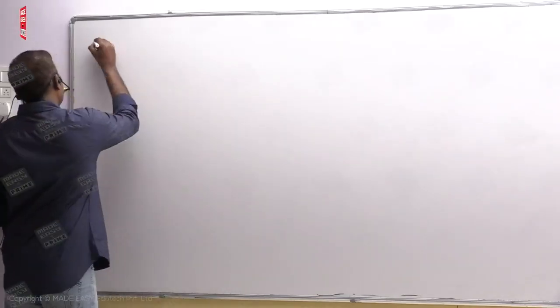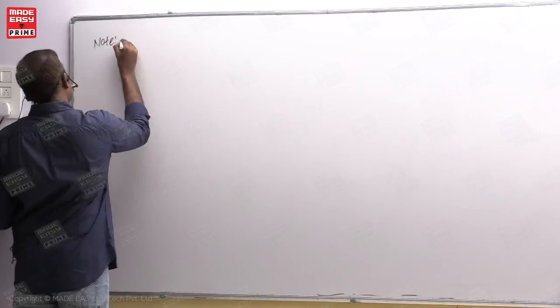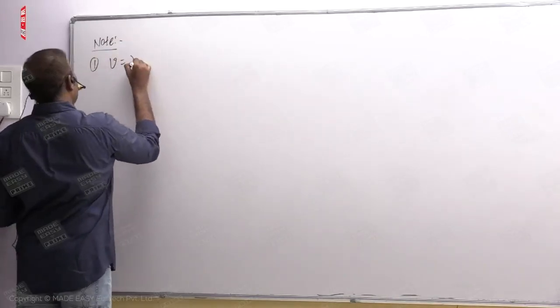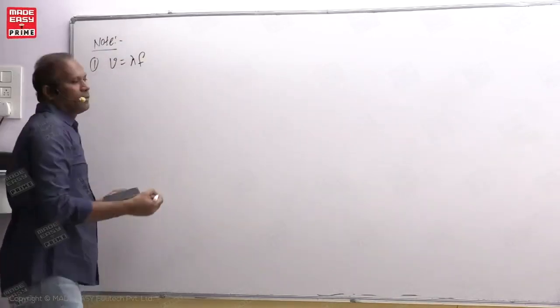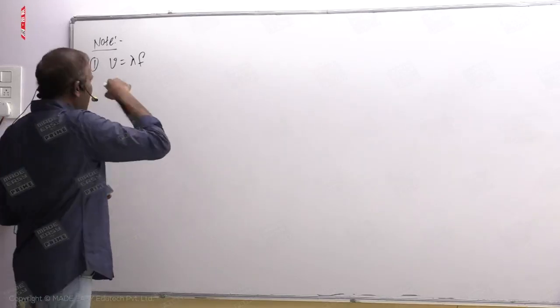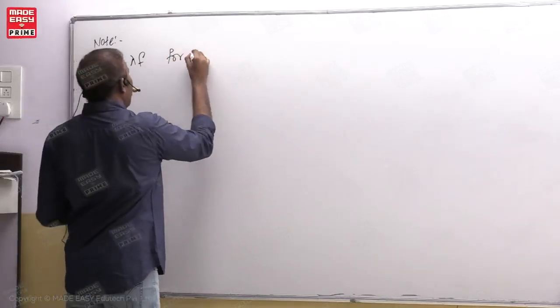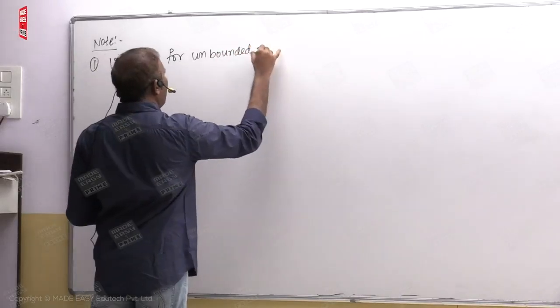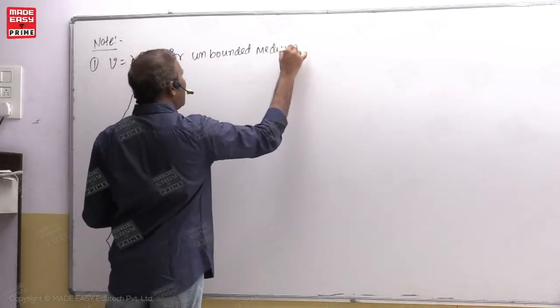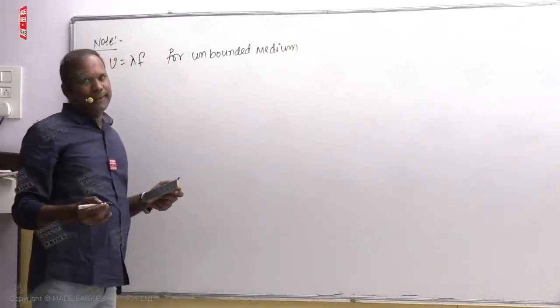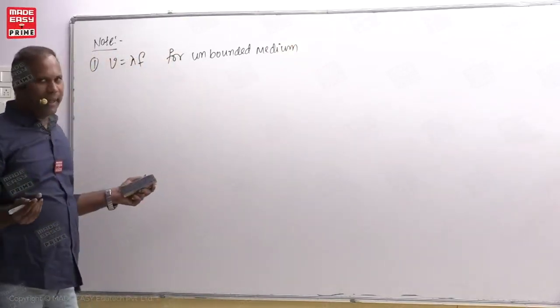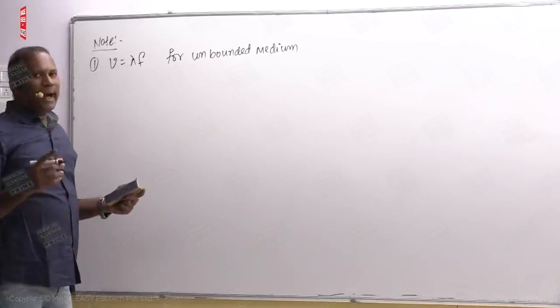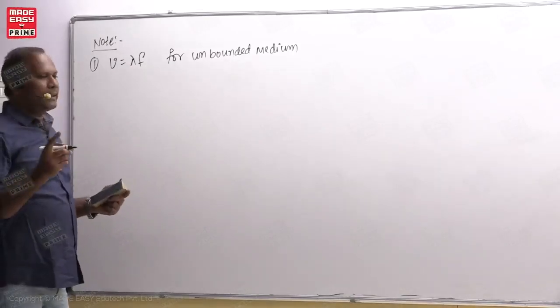Students, now let us write one more note. V is equal to lambda into F. This equation is for unbounded medium. Unbounded medium means a uniform plane wave actually, when there is no waveguide, that is the meaning. Lambda is called unbounded wavelength.